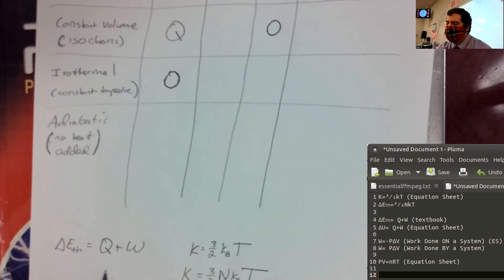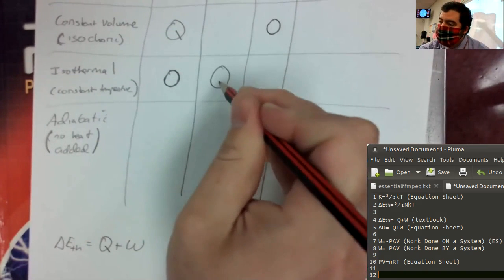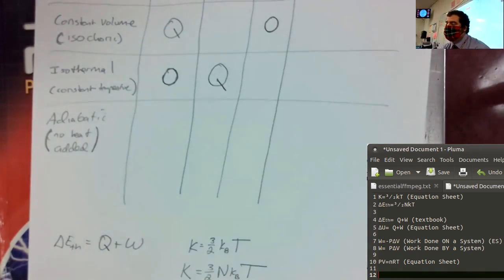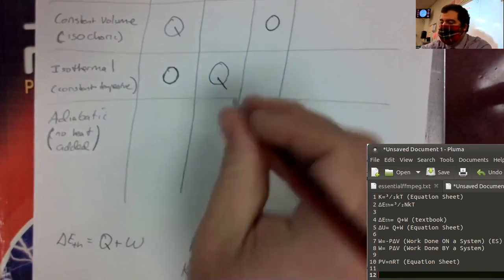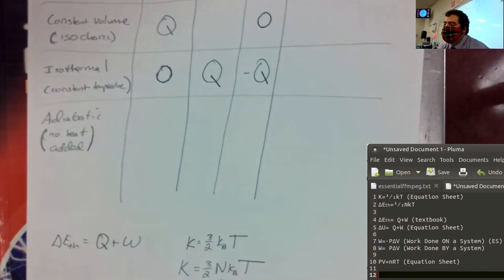I put, I don't know, a Bunsen burner under it and started to heat it. What must the work be in that case? It must be negative Q. So in other words, the work and the heat transfer must be the same if you're adding energy to a system, but the internal energy is not changing. As quickly as we add energy through heat, we must be doing some work to take that energy away.